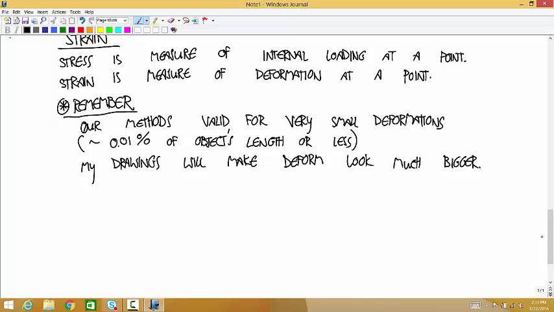Okay, so our allowable materials have a linear relationship between stress and strain.